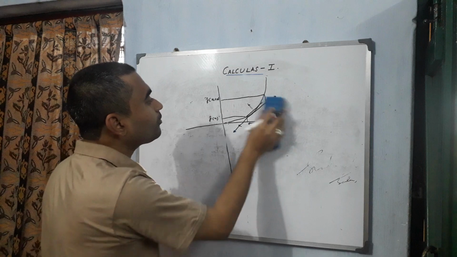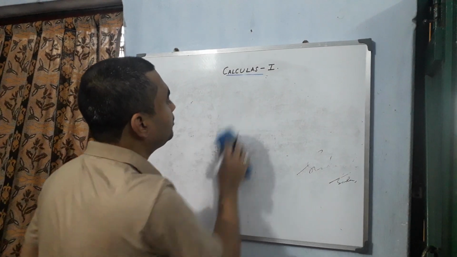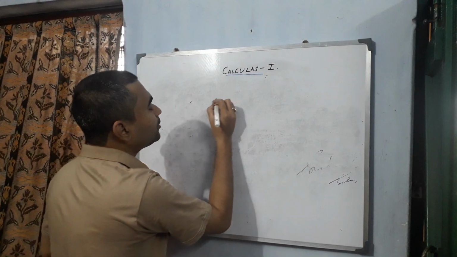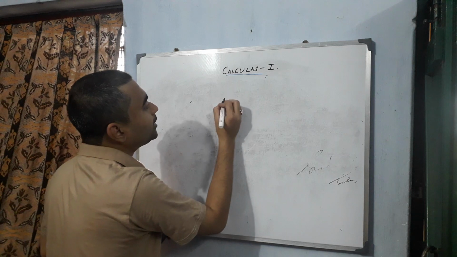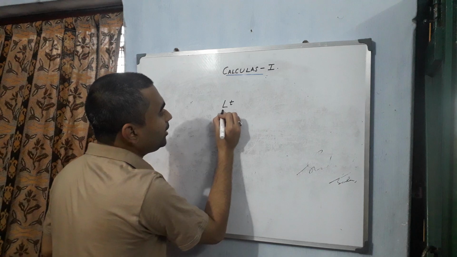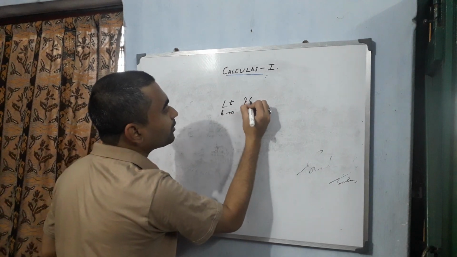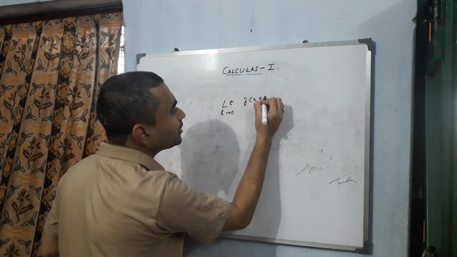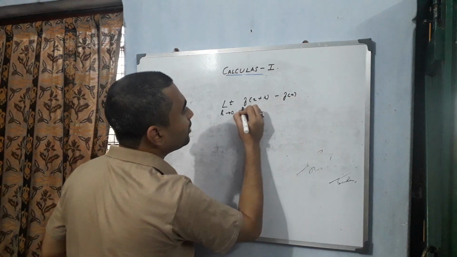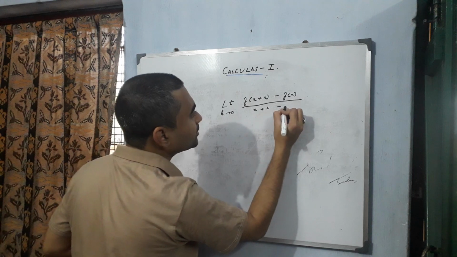So the first principle from here we can find out is, limit h tending to 0 of function of x plus h minus function of x, by x plus h minus x.